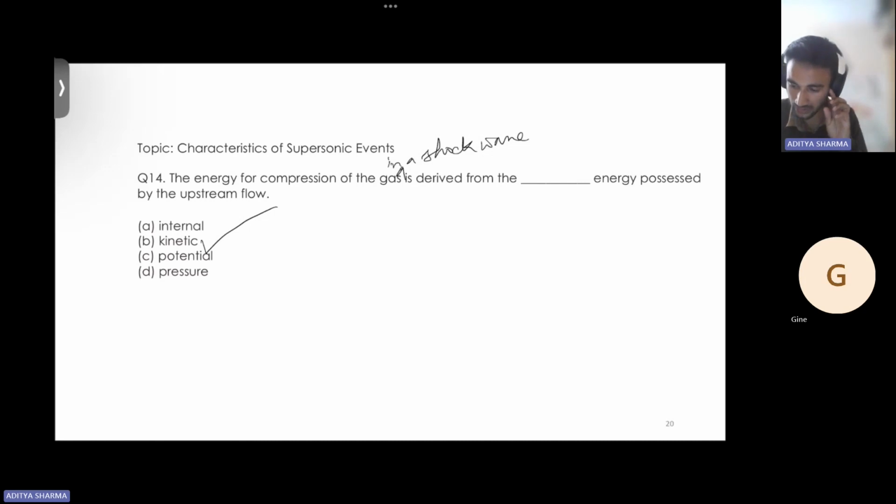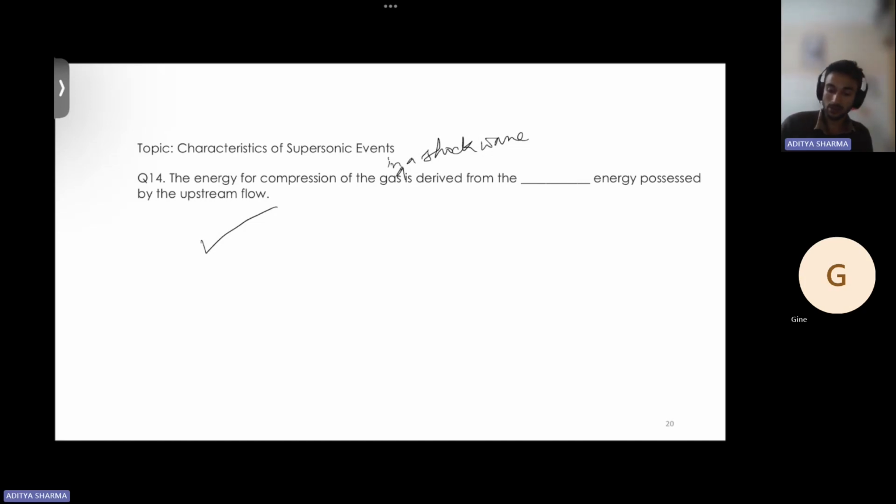It's the kinetic energy, because we are slowing down, not we, nature is slowing down this flow. So this is being done at some cost, and that cost is the kinetic energy of the upstream flow, upstream of the shock.